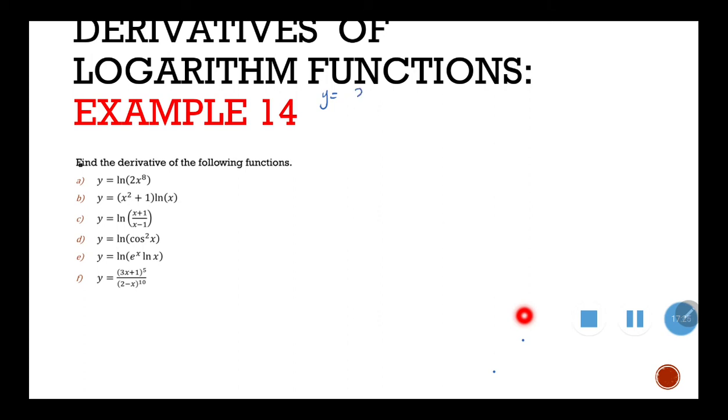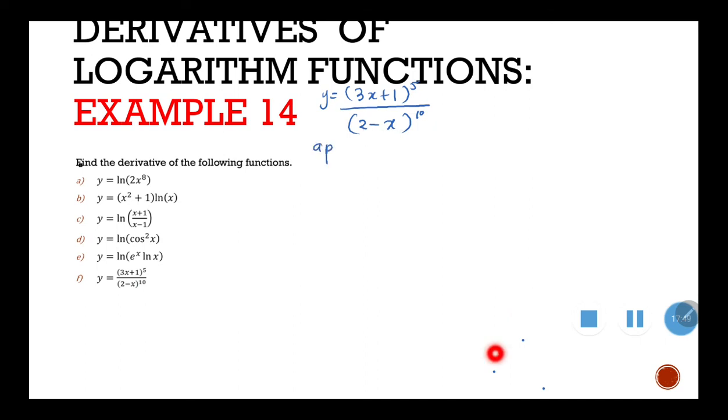So y equals (3x plus 1) to the power of 5 over (2 minus x) to the power of 10. As you can see, there is no ln function here. Why should you use ln? Because if you use ln, it will be much easier than using the quotient rule.